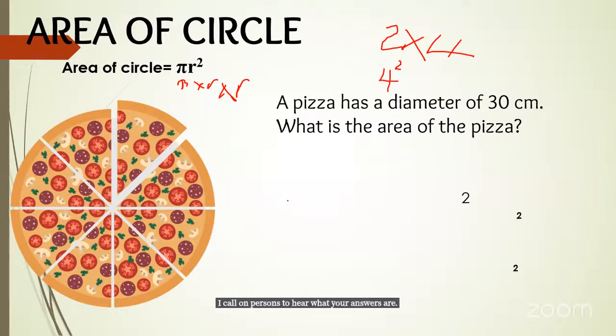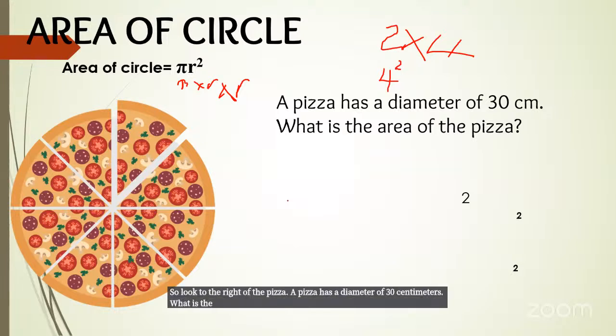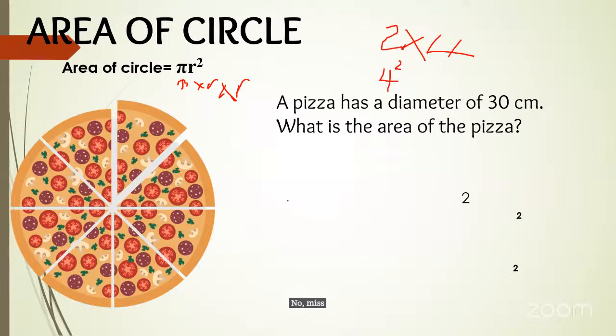Excuse me, Miss. Can you repeat the question, please? You see my screen? You see the pizza? Yes, Miss. So look to the right of the pizza. A pizza has a diameter of 30 centimeters. What is the area of the pizza? Anybody else see my screen?